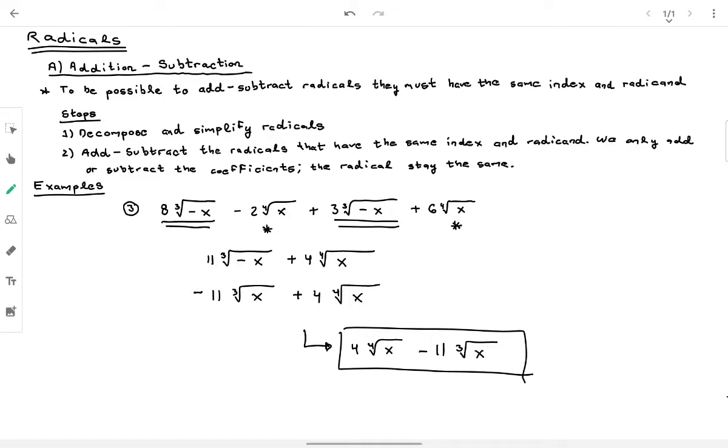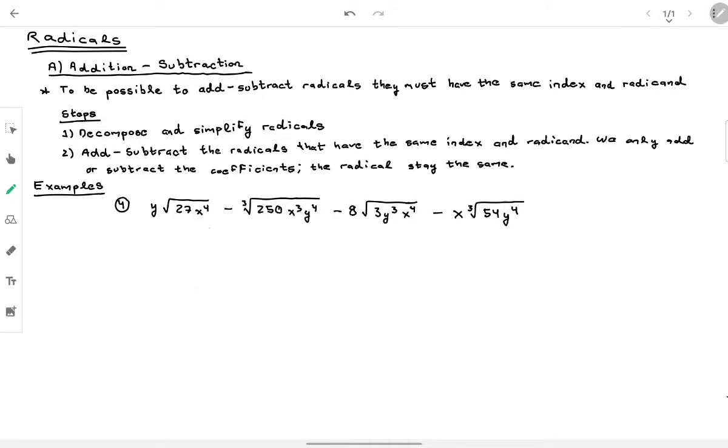Let's see another example. In this one, the first thing we need to do is decompose and simplify the radicals, because they are not decomposed. So let's see. The first one, 27, is going to be 3 cubed that multiplies x to the 4.